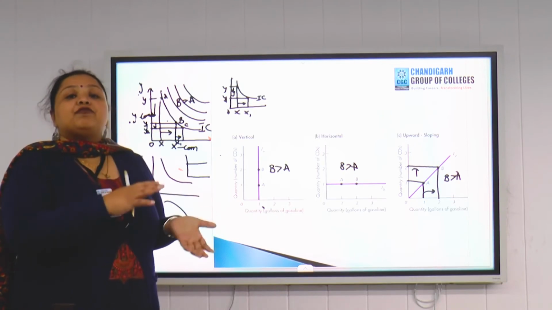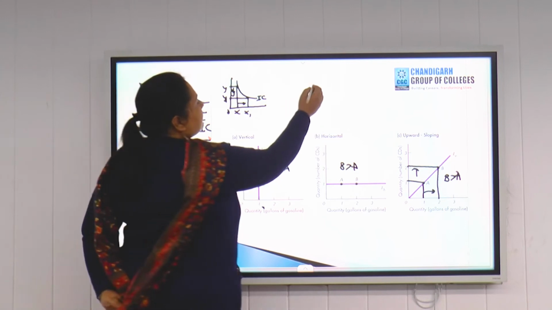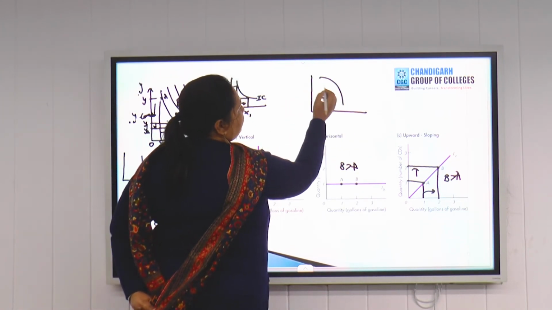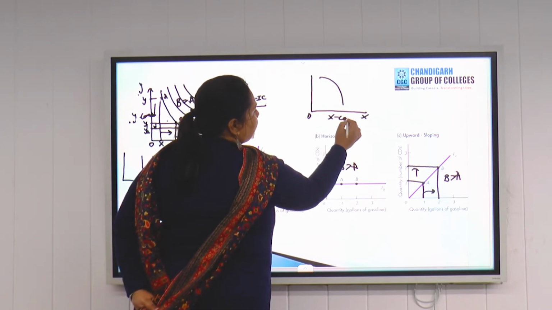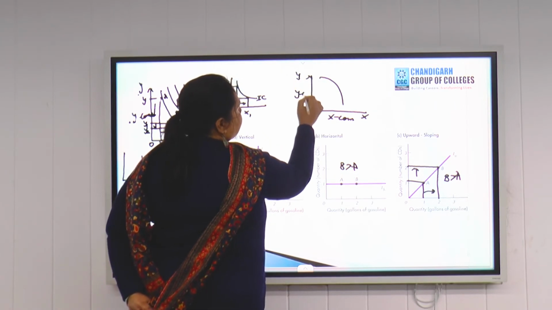Now, if it is concave, then the concave shape is like this. This is a concave shape of indifference curve. Here we have X commodity and here we have Y commodity.